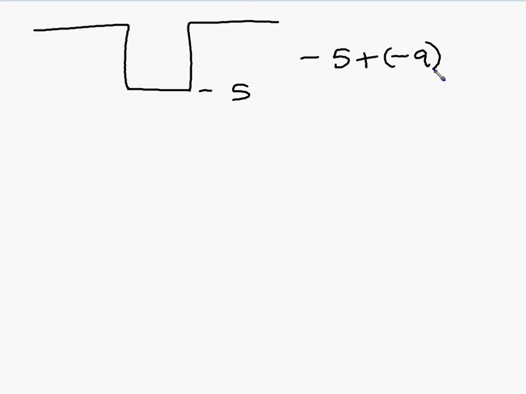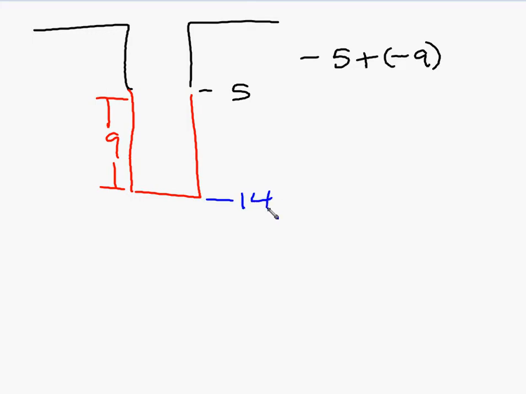I would be digging the hole 9 feet deeper. So this distance right here is 9 feet. So now the hole is how deep? Now the whole thing is 14 feet deep. Okay, you're in a 5-foot hole, you dig down 9 more feet, you're going to be at negative 14. Okay?